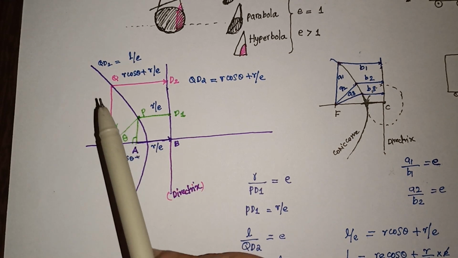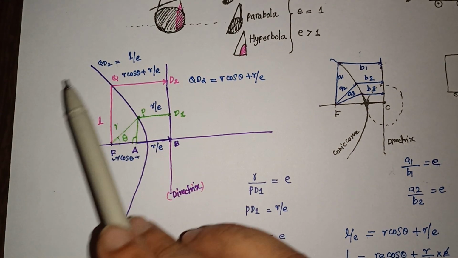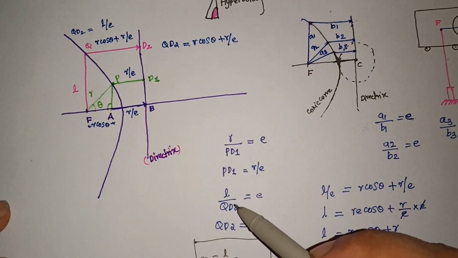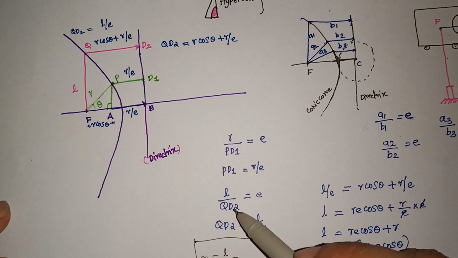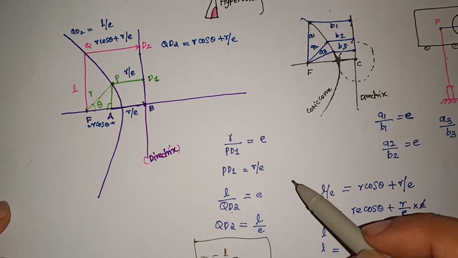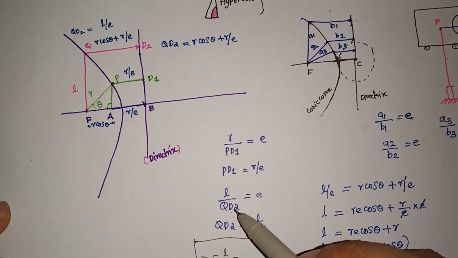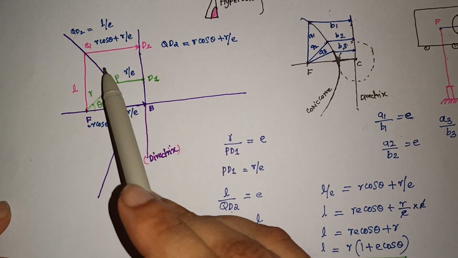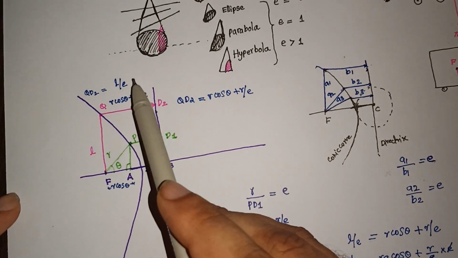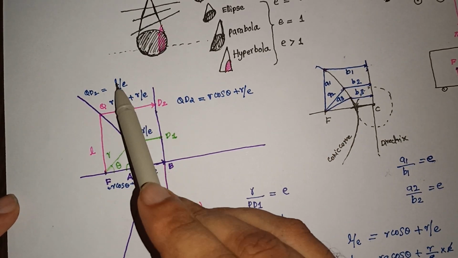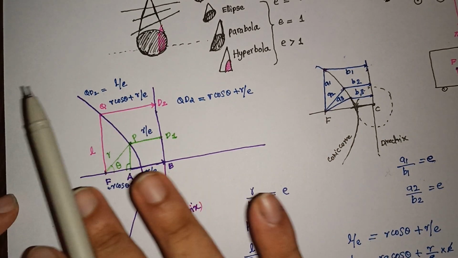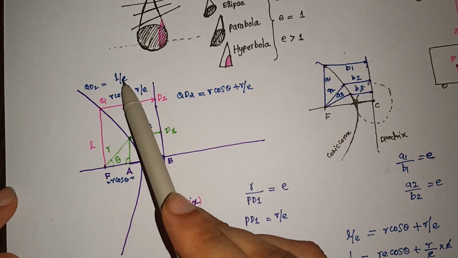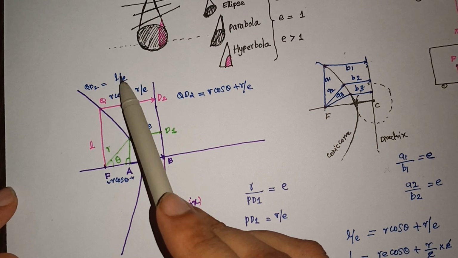The only confusion you may get here is QD2, because we already saw L by QD2 is going to be E. So your QD2 is going to be L by E. But as per the geometry, your QD2 is going to be equal to the combination of R cos theta plus R by E. That is what I have written. So the only thing you have to do is equate the two equations I have written on the top. Remaining everything is just geometry. Ultimately, you just need to equate the last two equations on the top.